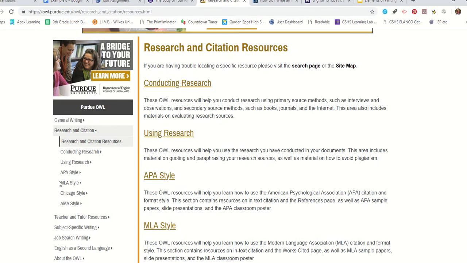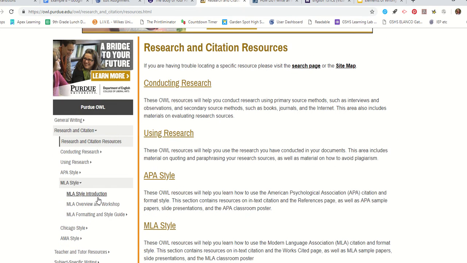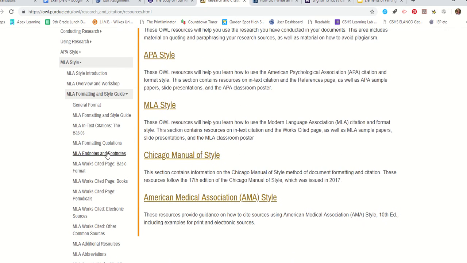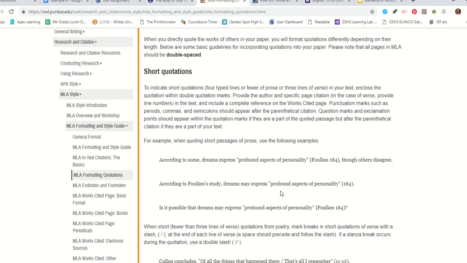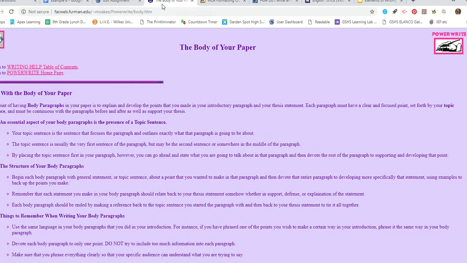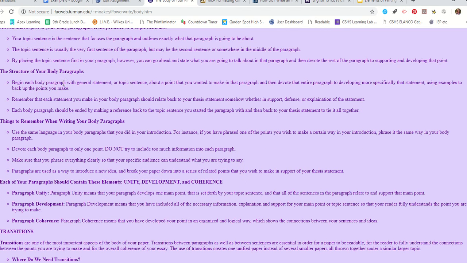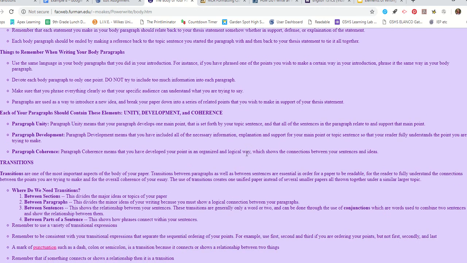You can use research, and here's information about how to use statistics and quotations. And this final one that I linked is how to structure it. Start with a general statement about the point, and then you devote the entire paragraph to more specifically supporting that statement and backing it up.